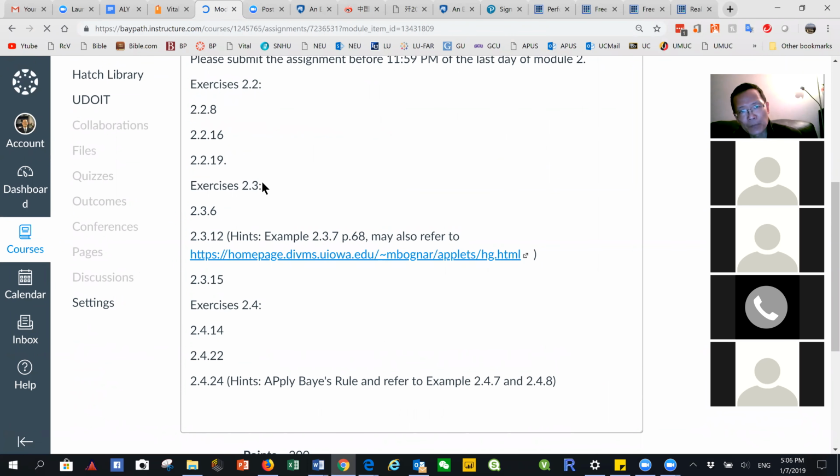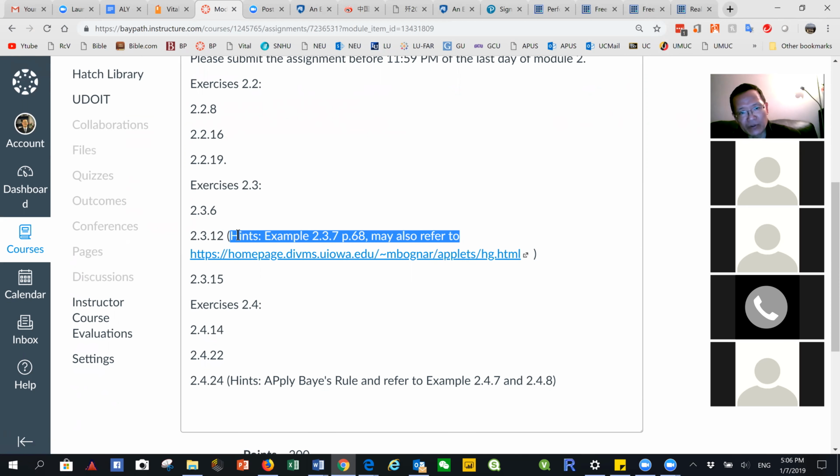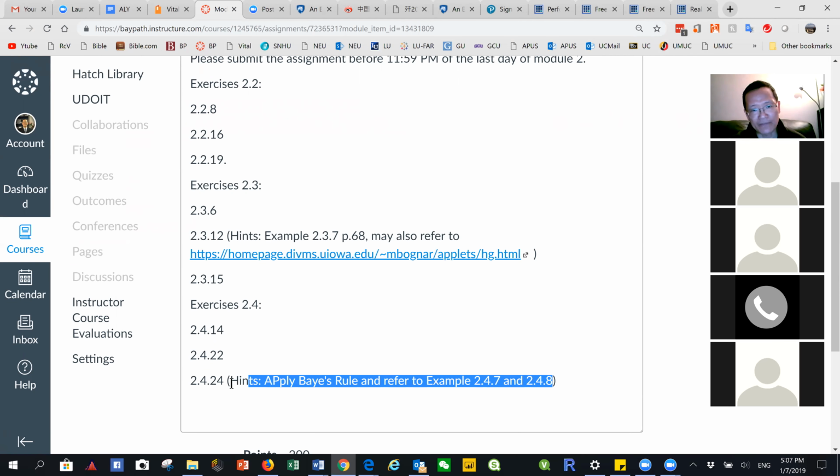For example, in section 2.3, you can refer to example 2.3.7 on page 68 and refer to this website for the distribution used to solve this question, which is called hypergeometric. We will cover it in a little bit. And then we will apply Bayes rule and refer to the example here. Okay, let's get started.